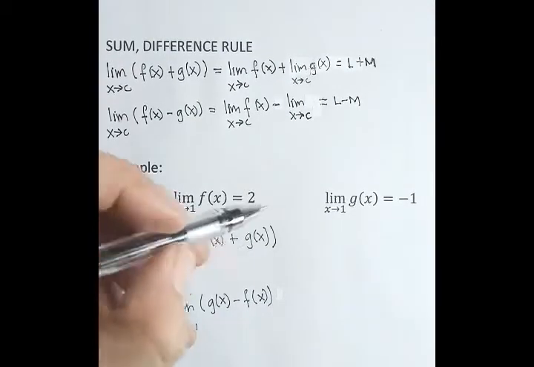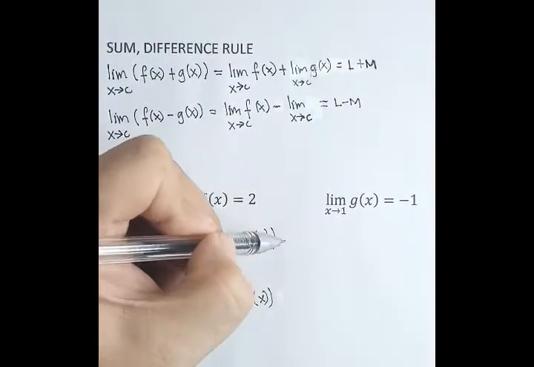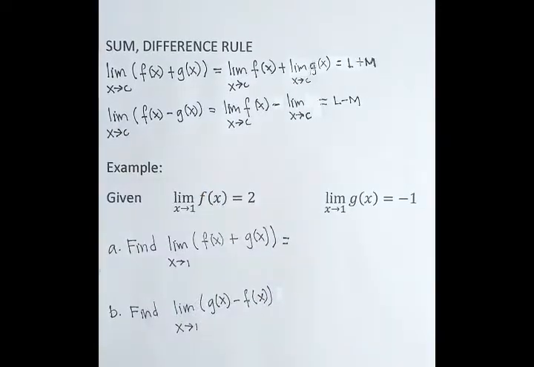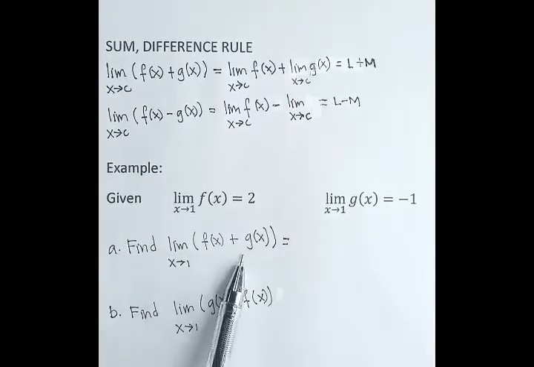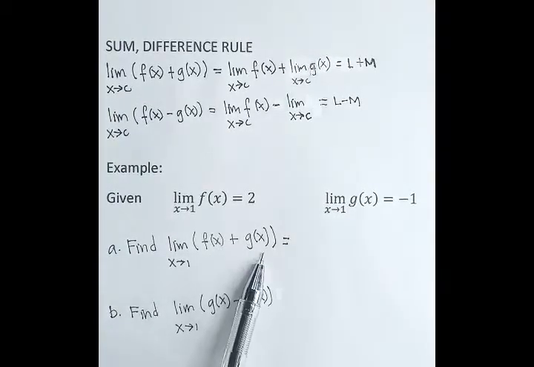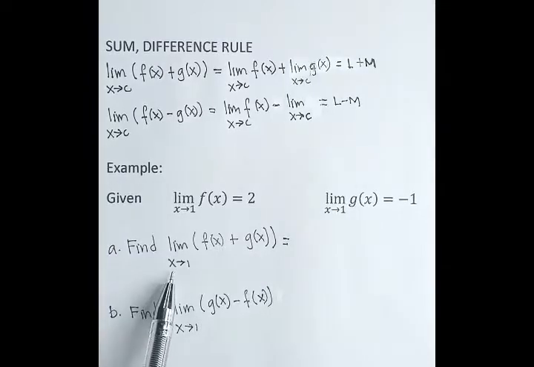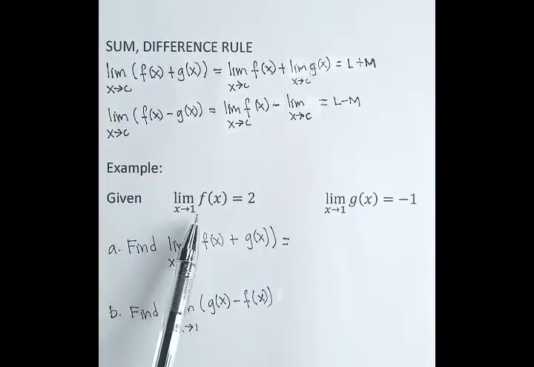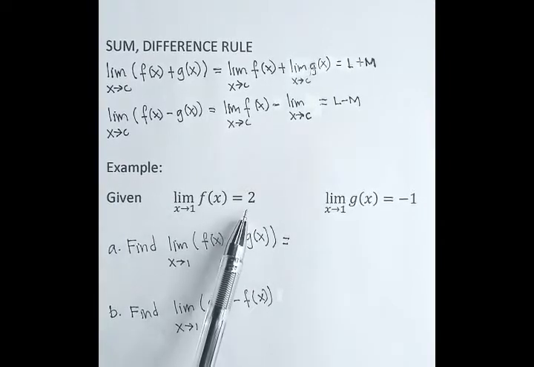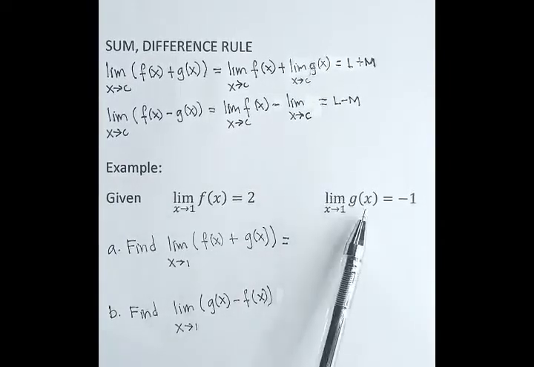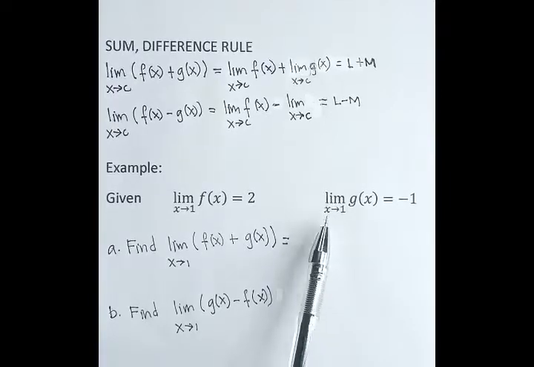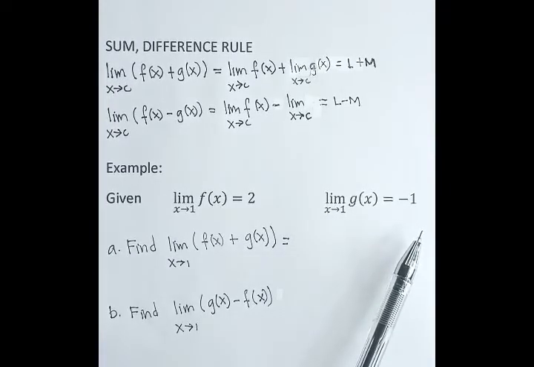Okay, let's have some examples. We're going to find the sum of the function of x and the g function of x as x approaches 1. Then given that the limit of the function of x is 2 and the limit of the g function of x as x approaches 1 is negative 1.